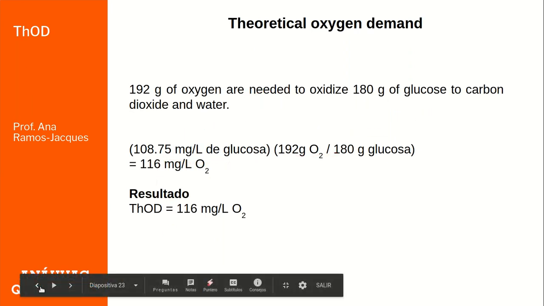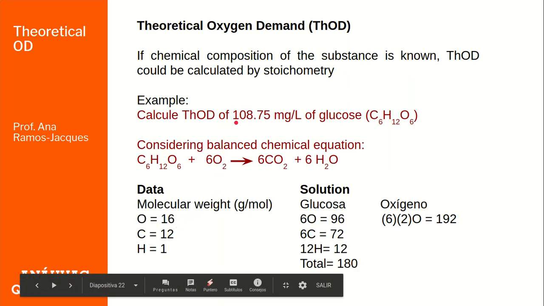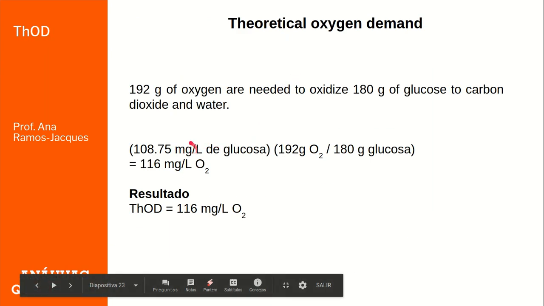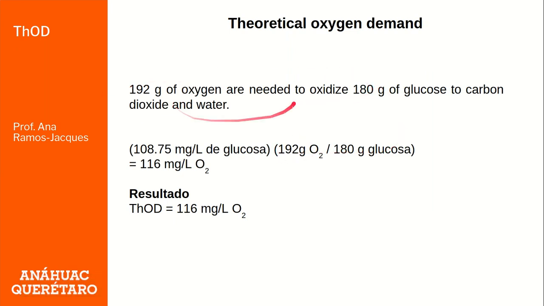So we use the initial data of glucose in here in milligrams per liter of glucose, times this factor that we calculated through stoichiometry, 192 grams of oxygen divided by 180 grams of glucose, and we have in here that this remains as 160 milligrams per liter of oxygen.